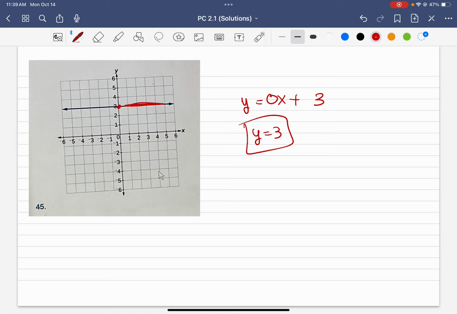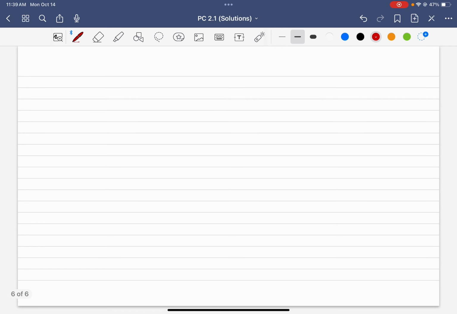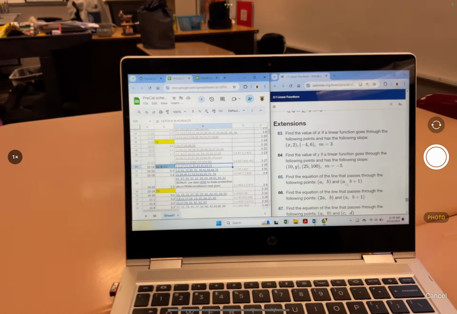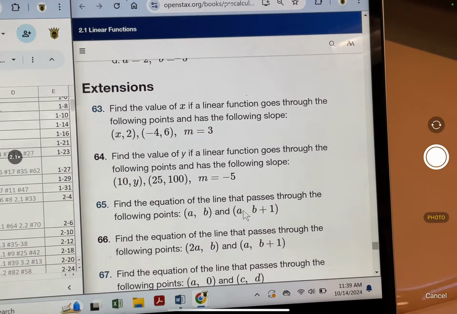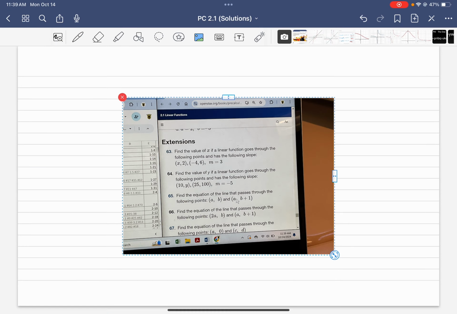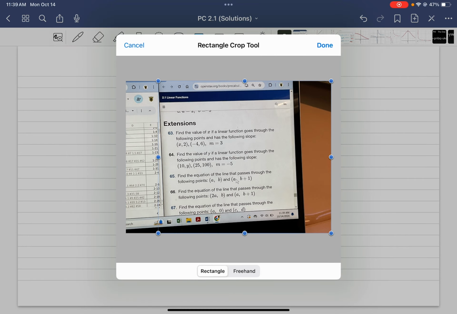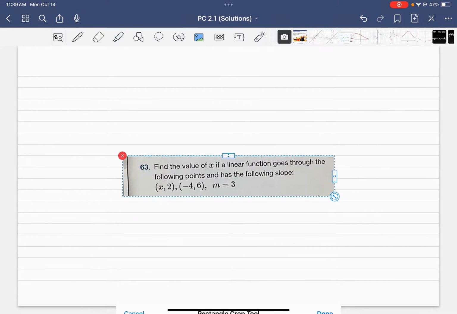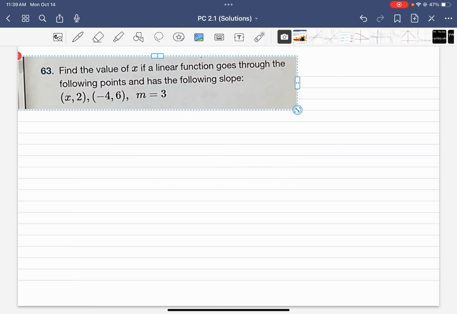Then when you look at 63, this one's cute. It says find the value of a linear equation that goes through the point and has the following slope. So let me crop. So here is 63.